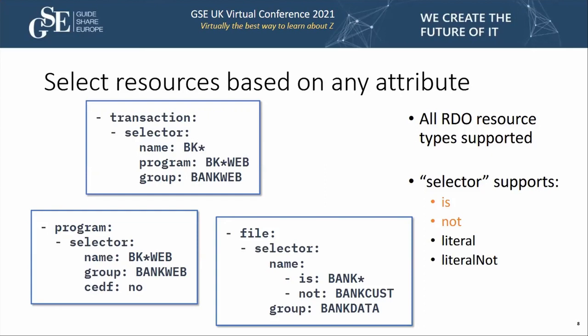Here we have the use of is, and all that's saying is the name is bank star, and we're also saying that the name is not bank cust. So these two are also anded together. So here we're saying that it must be a bank star, but it cannot be specifically bank cust out of those two options. And then again, we have the group bank data, and they are all pulled together in that one selector, so they all have to be true for this file to be selected.